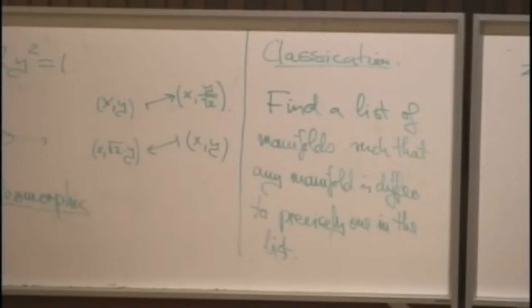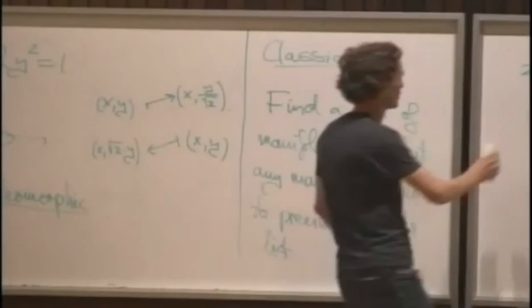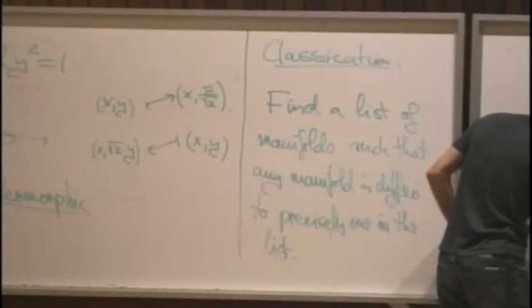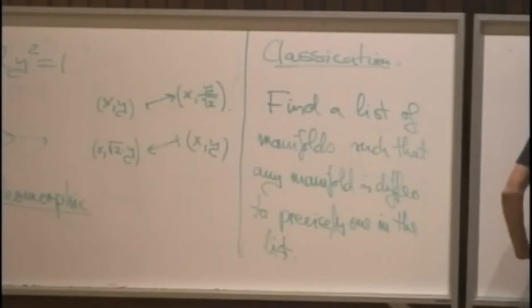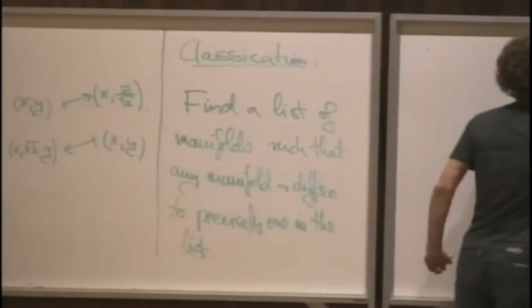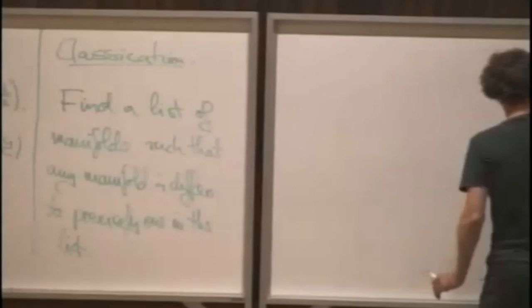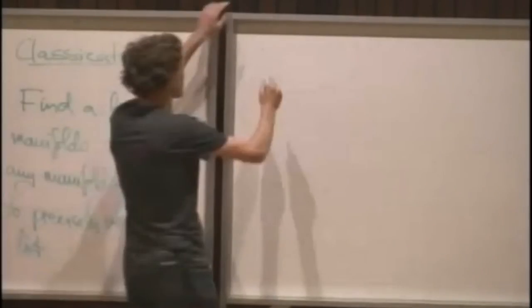So it's a catalog of all the possible manifolds you can have up to diffeomorphism. You can't quite solve that if you ask it in this generality. And in any case, it's not really what I want to talk about here. But let me introduce a few more technical terms. So I really only want to talk about manifolds that are compact.